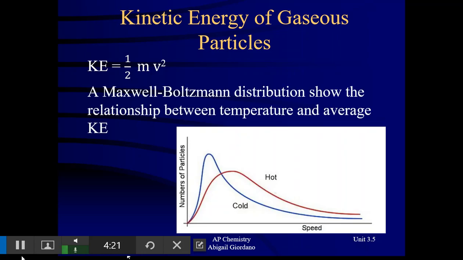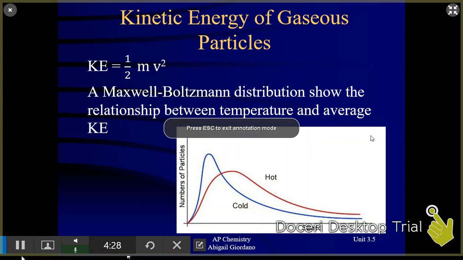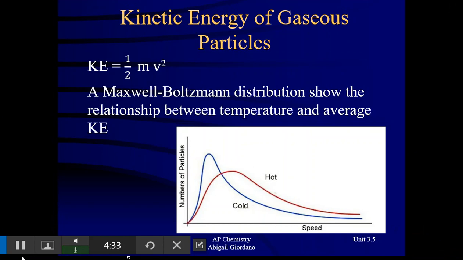There is something called a Maxwell-Boltzmann distribution curve, which you'll see frequently on the AP exam. What we've got here is particle speed on the x-axis and number of particles on the y-axis.